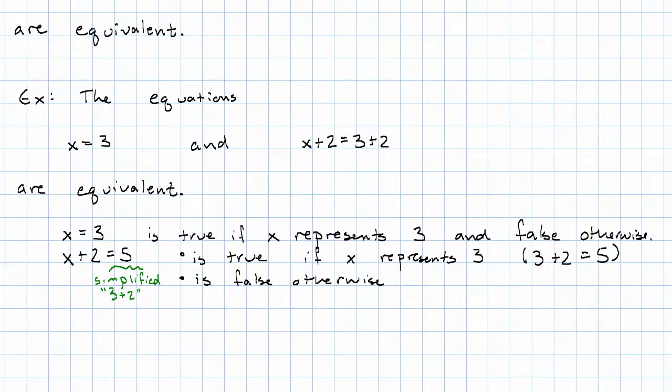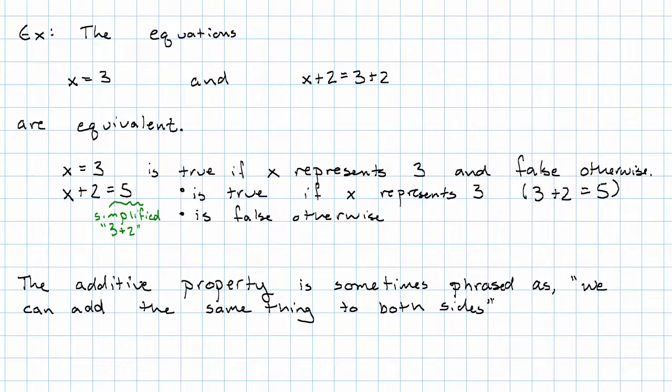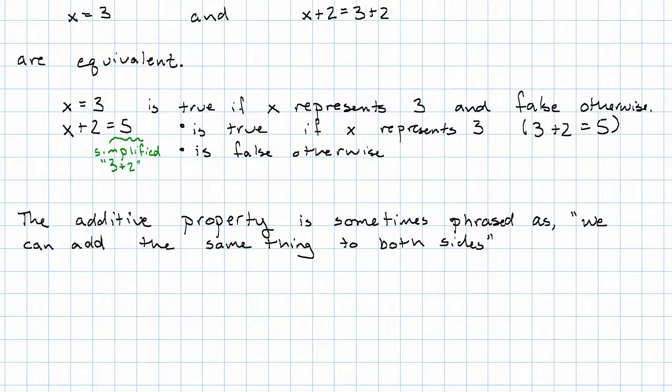People often phrase this property as, we can add the same thing to both sides. It's important to be very careful with this phrasing, however. In particular, it's important to be careful with this phrase, both sides.